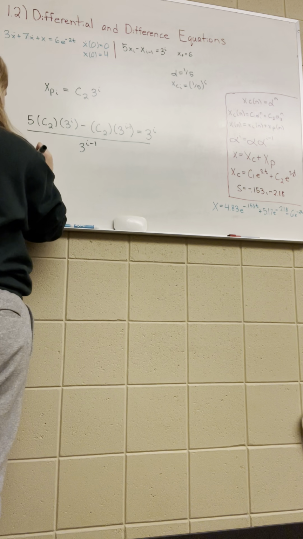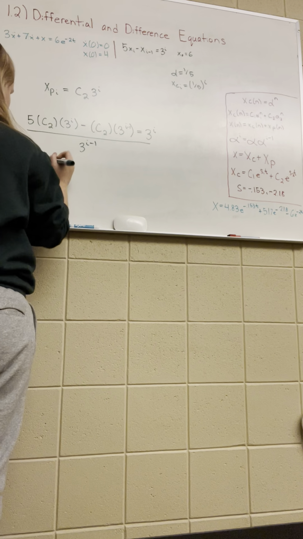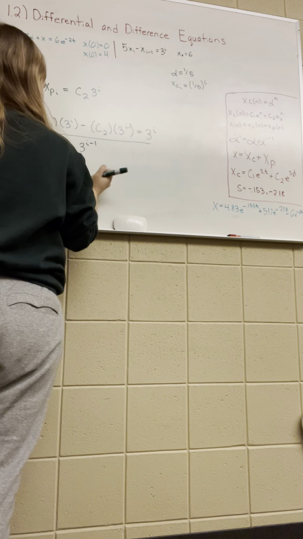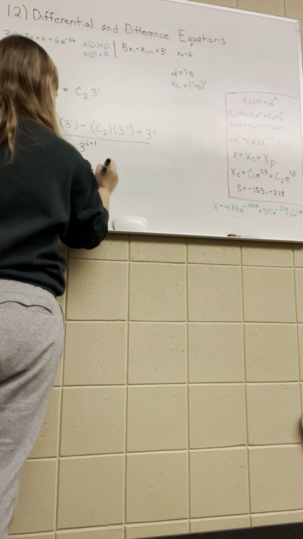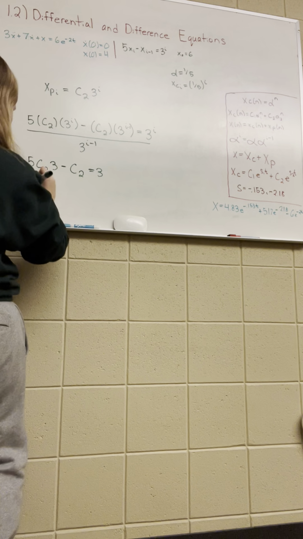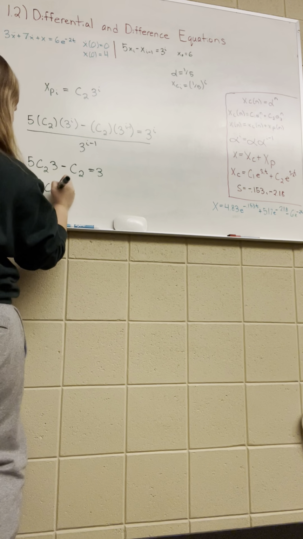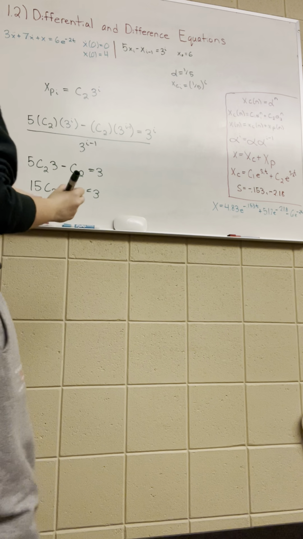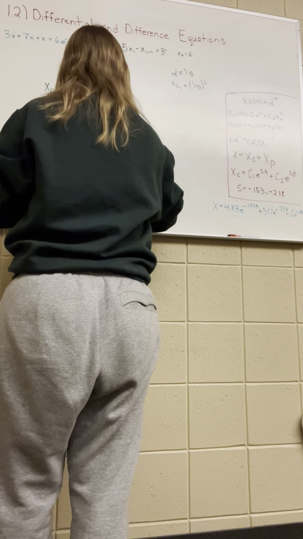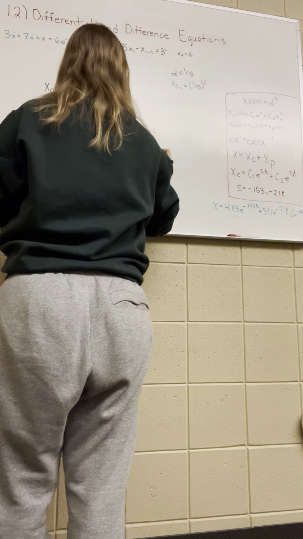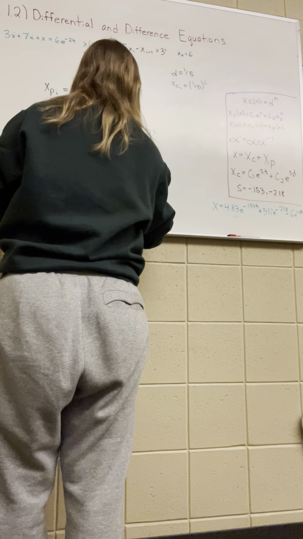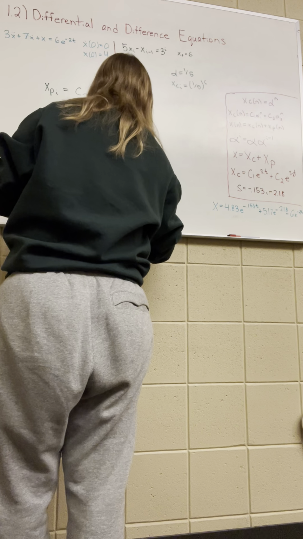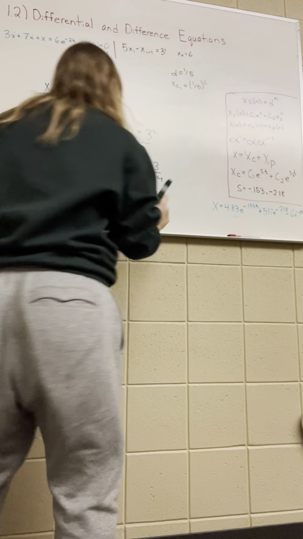And this will then give us 5 c2 times 3 minus our c2 equals 3. So right here, this is 15 c2 minus c2 equals 3. So that will go to 14 c2 equals 3. So divide by 14 on both sides, and c2 is equal to 3 over 14.